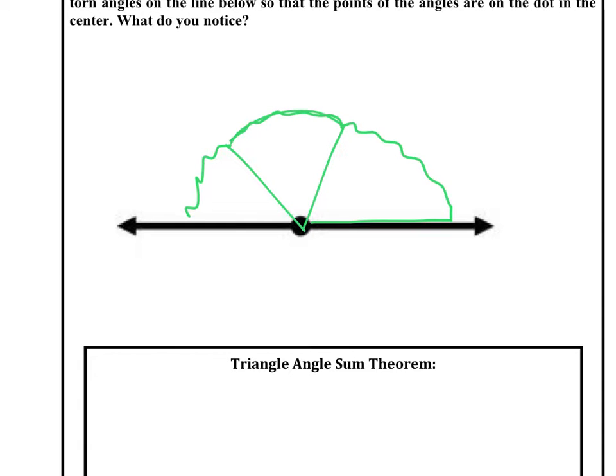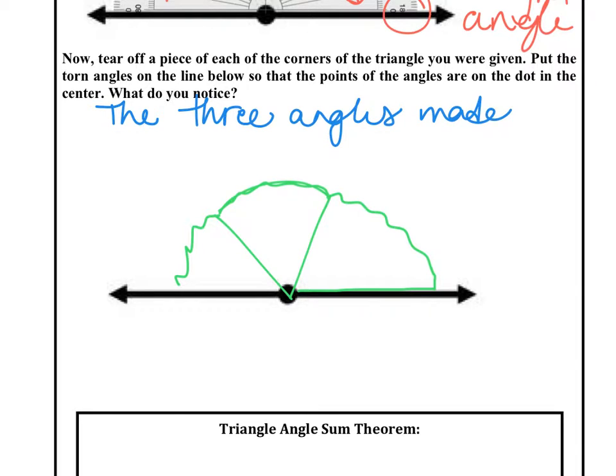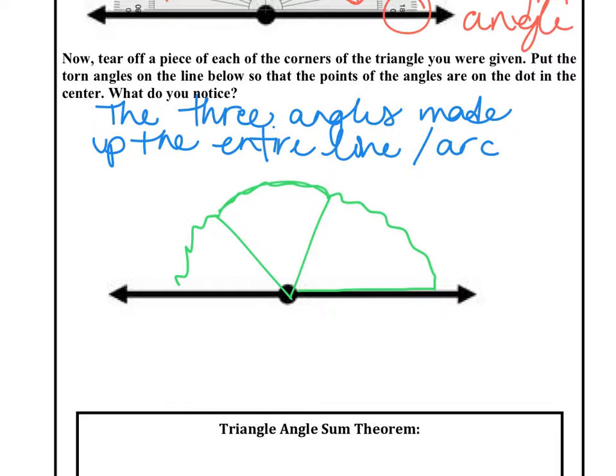So we noticed that the 3 angles, please write this down. 3 angles made up the entire line, or we can call it an arc. An arc is like this, or maybe like an arch is a better term.